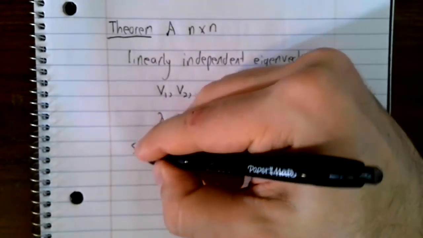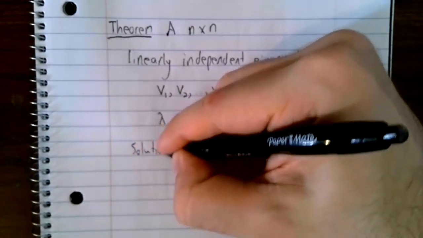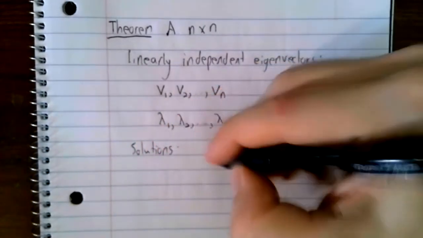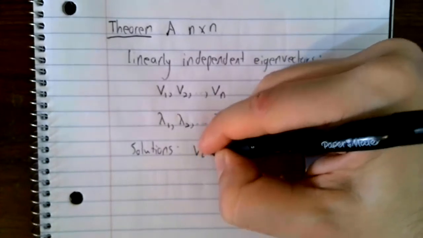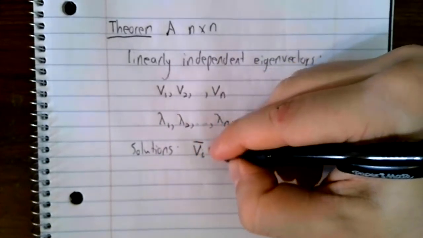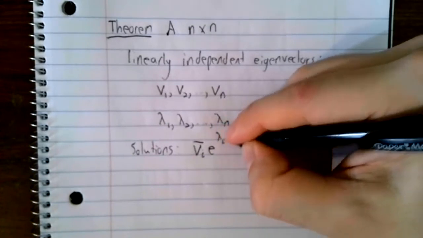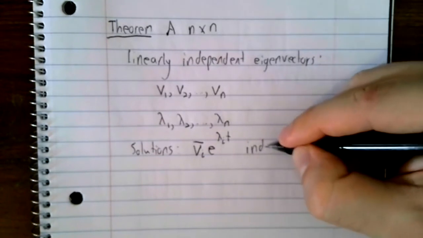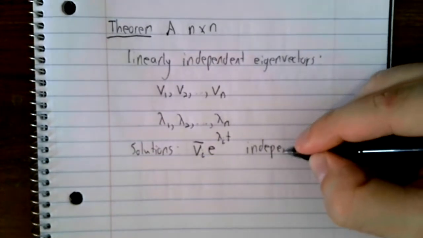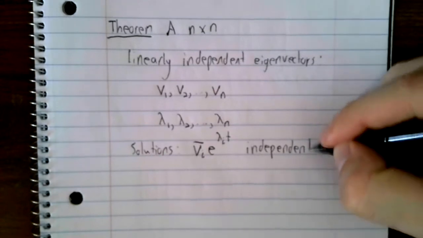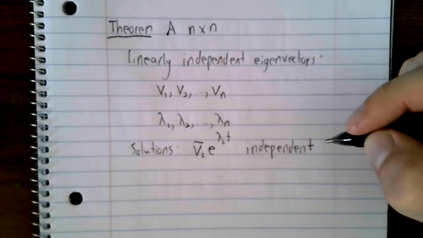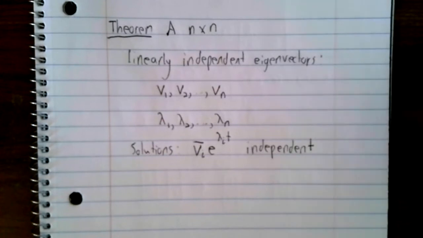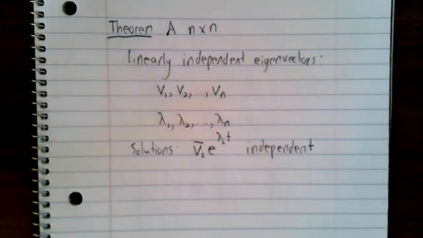Then the solutions v sub i e to the lambda i t are linearly independent, and thus can be used to create a general solution.